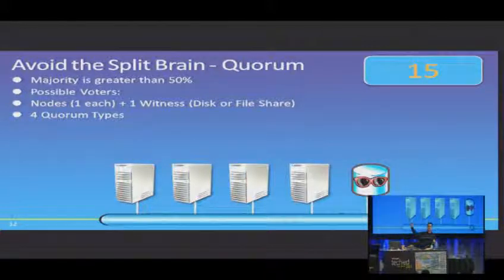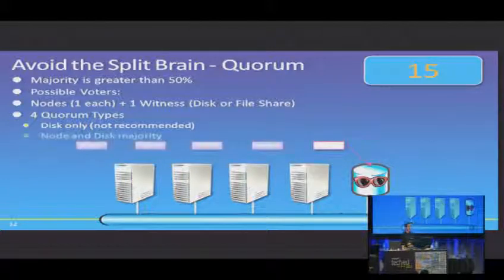So first of all, in this environment, I have a 4-node cluster with a disk. That's one way of doing it. That's a quorum type where it's disk only. And we don't recommend just using disk only as your quorum type because it doesn't give you enough flexibility if things go down, because they both may be able to see the disk or something like that. The next one is node and disk majority. In other words, I have 4 nodes and the disk, and every one of them has a vote.